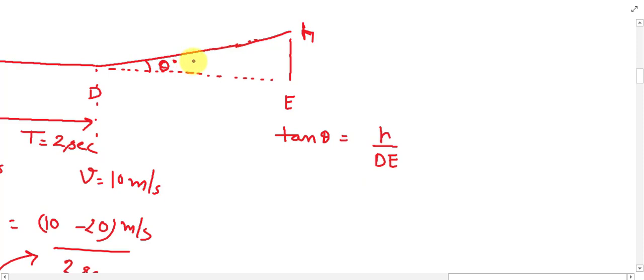Since the longitudinal gradient provided in the road is very small, we can say that tan theta is equal to theta, and it is equal to the height or rise gained to the horizontal distance.